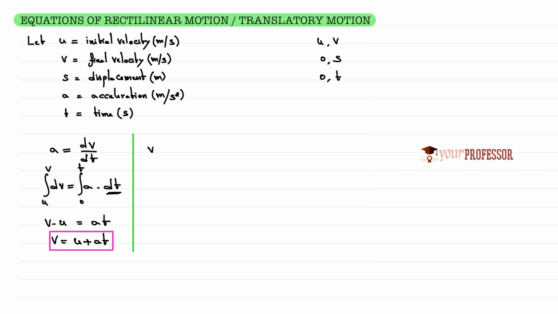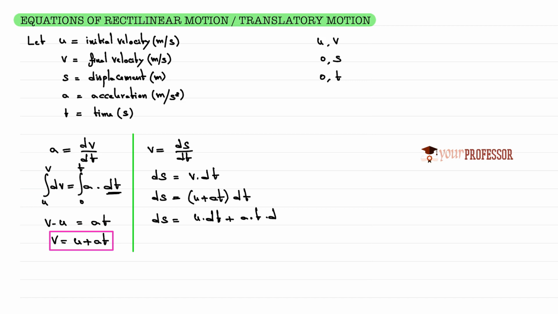We know that velocity is equal to rate of change of displacement, that is v is equal to ds by dt. So when we rearrange this equation, ds is equal to v into dt. Instead of v, we can substitute u plus at, the relation we just obtained, into dt. When we simplify, ds is equal to u into dt plus a into t into dt.